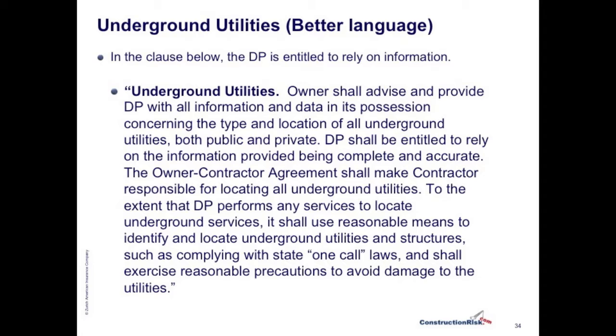To the extent that the design professional performs any services to locate underground services, it shall use reasonable means to identify and locate underground utilities and structures, such as complying with state one-call laws, and shall exercise reasonable precautions to avoid damage to the utilities."